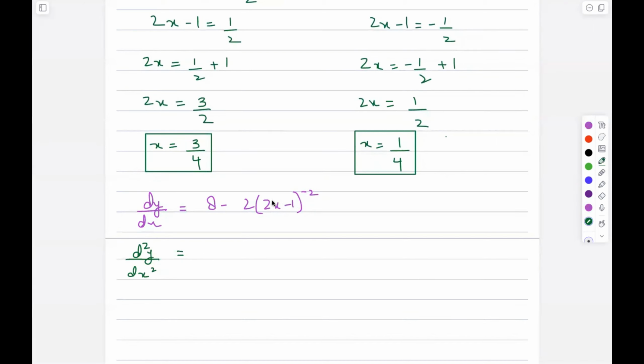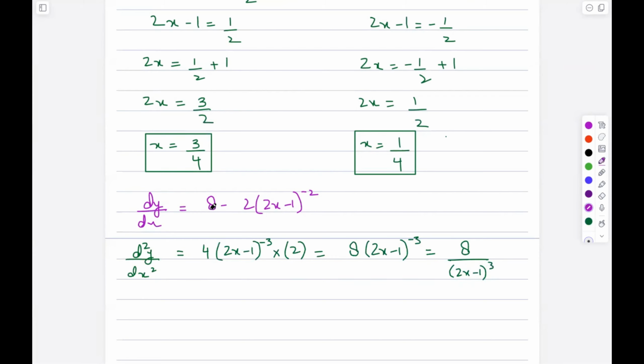So now differentiating this expression, this -2 will multiply by -2 and become +4 into (2x - 1). The power decreases by 1, so that becomes -3, and we multiply with the derivative of 2x - 1, which is 2. So the expression for the double derivative becomes 8(2x - 1)^(-3), or we can also write it as 8 upon (2x - 1) whole cube.